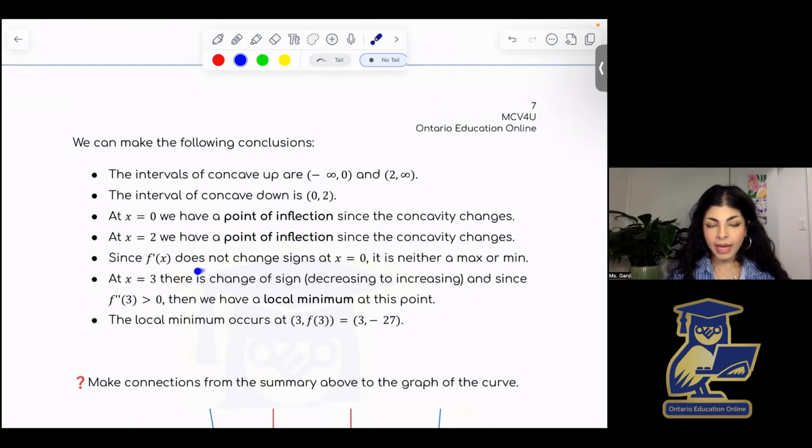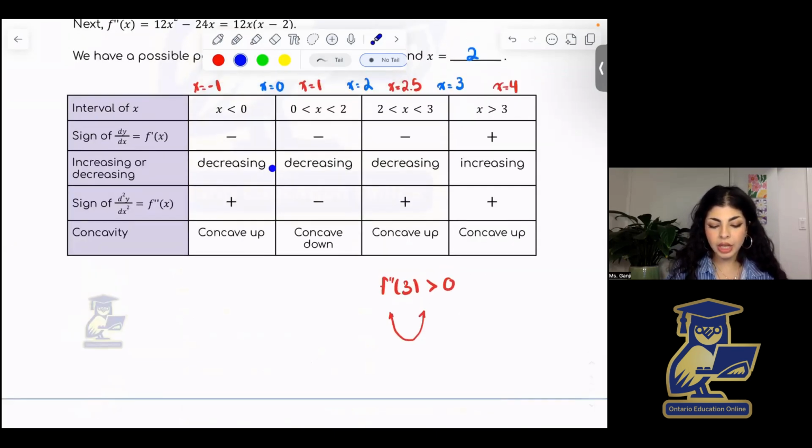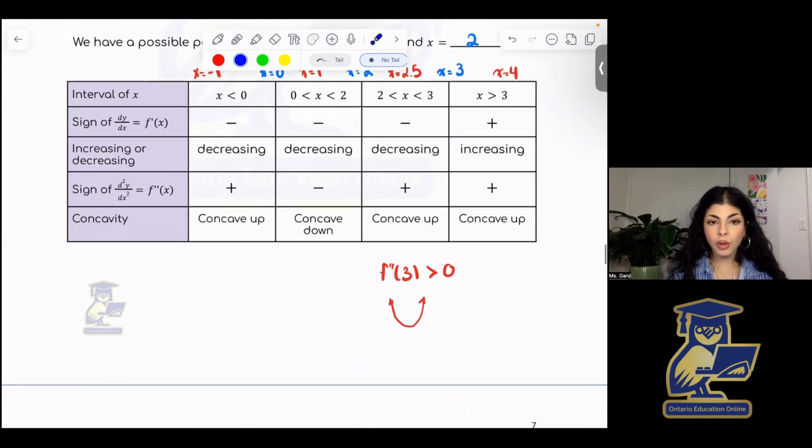And at x is 0, as we saw here, there's no change of sign, so it's decreasing and it's just decreasing, then it is not a local maximum or minimum. So it's, for example, as we saw in the graph I sketched for you up there, could be something like this, where here you are having a change of direction, but that point itself is not a local maximum or minimum, but the concavity is just changing there.